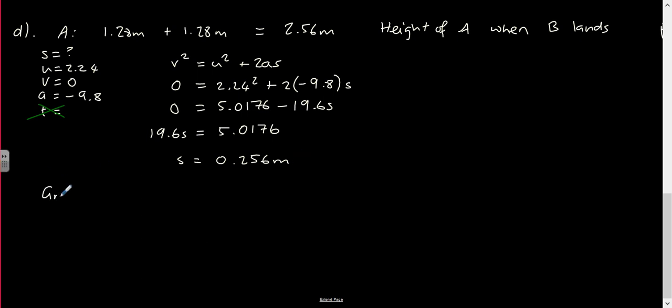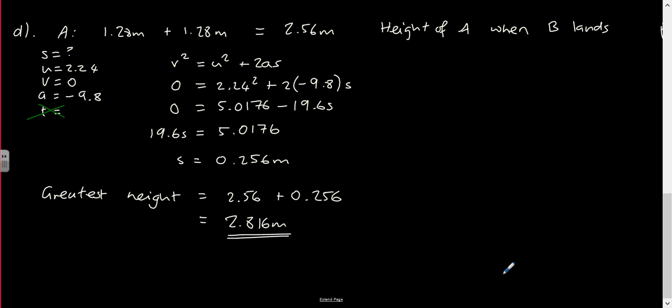So the greatest height that A reaches above the ground is going to be the 2.56 meters from here, plus the 0.256 meters that it travels after B hits the ground. And we just add those two numbers together to get 2.816 meters.